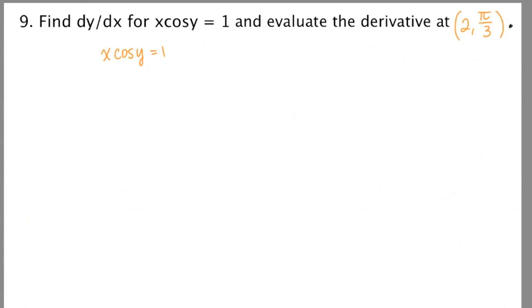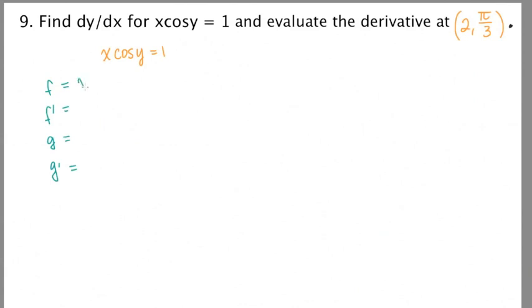In the next example, we're going to be using implicit differentiation in a trig function. We're asked to find dy dx for x cosine y equals 1, and then to evaluate the derivative at the specified point. This to me looks like it's a product rule, so we'll set up f, f prime, g, g prime.